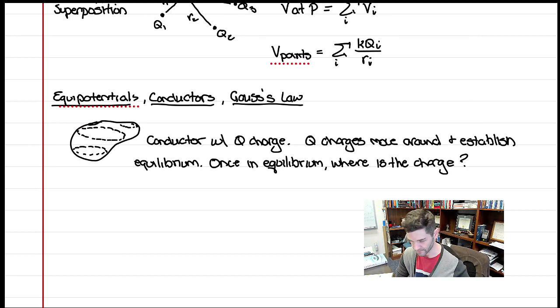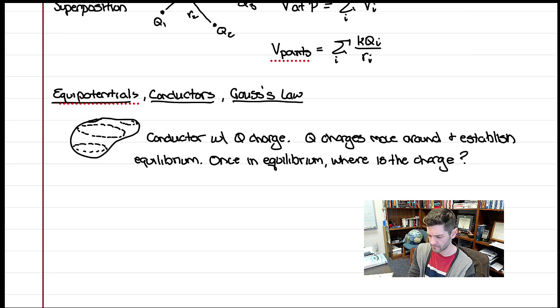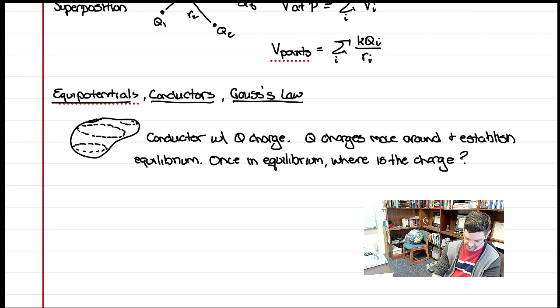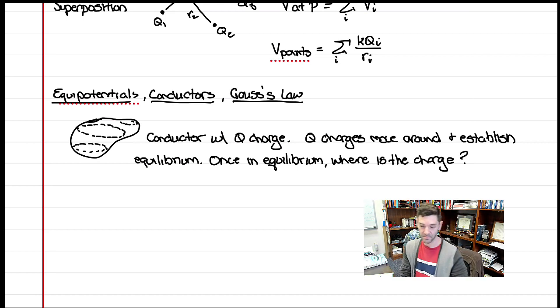Where did the charge go? On the assumption, which could be tested, that when you put some excess charge on the object, it eventually reaches some sort of equilibrium, which means that none of these charges are moving around. That's a statics problem. With statics, the net force on any one of those charges has to be 0.